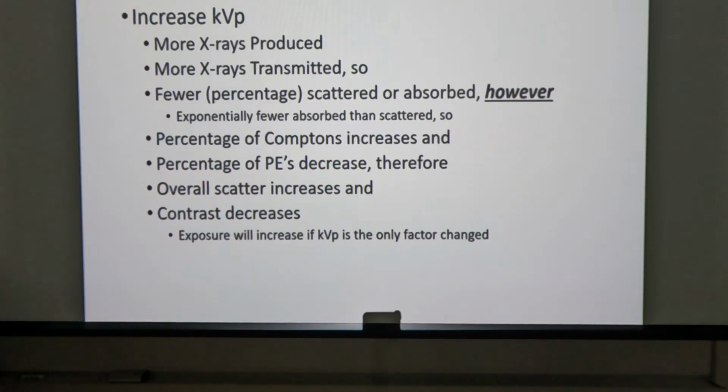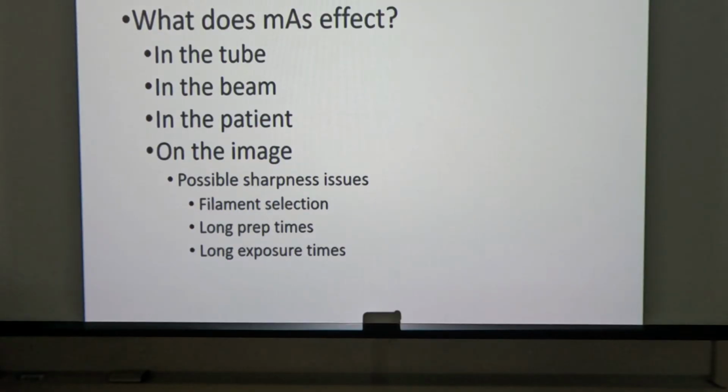So percentage of Compton's increases, percentage of PEs decrease, and what we call that is the Compton to PE ratio. Our overall scatter to the image receptor increases, and our contrast really ain't going to decrease. It's not going to be visible, even though it says contrast decreases. That really should be edited out.